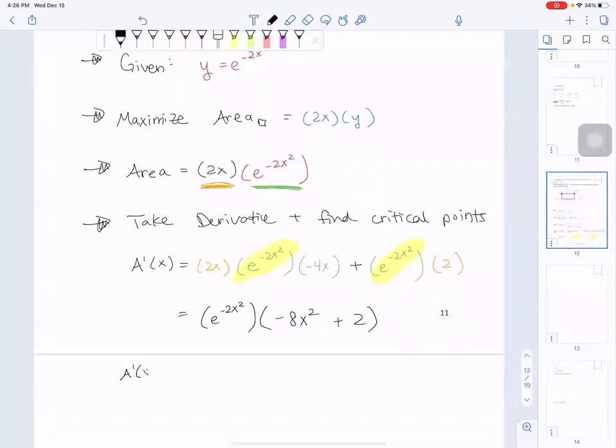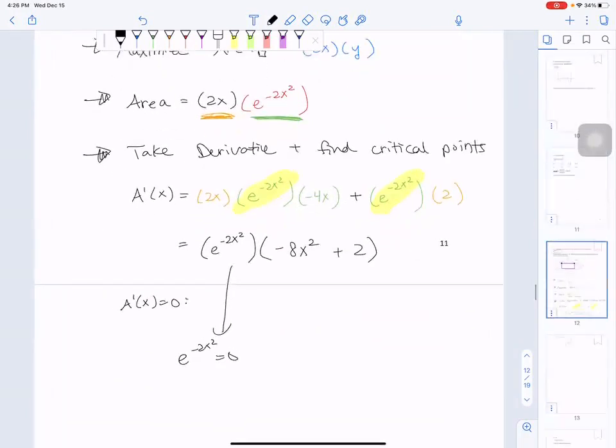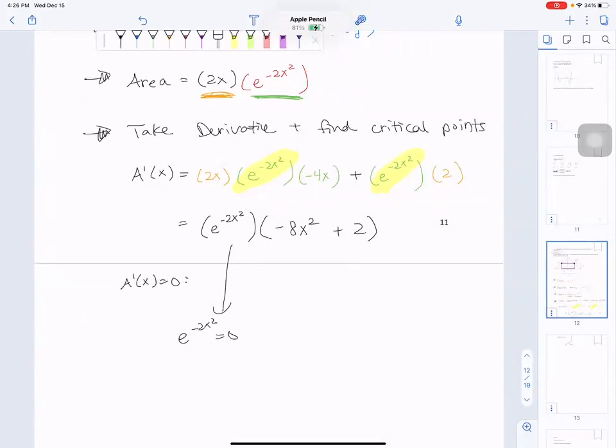And so we want to set this equal to 0, which means we want this first thing equal to 0, but that never happens. And then we want the second thing equal to 0, and that does happen. So this first thing never happens, but this second thing is what we care about.